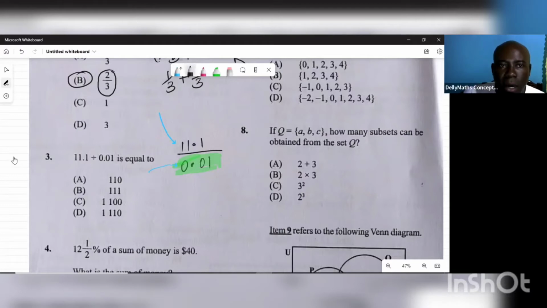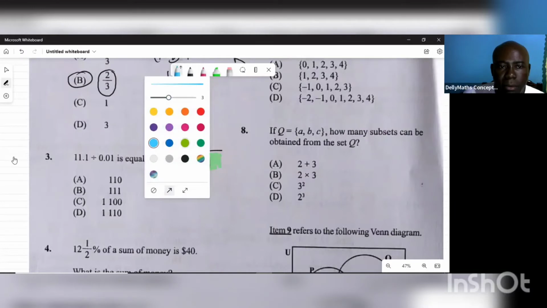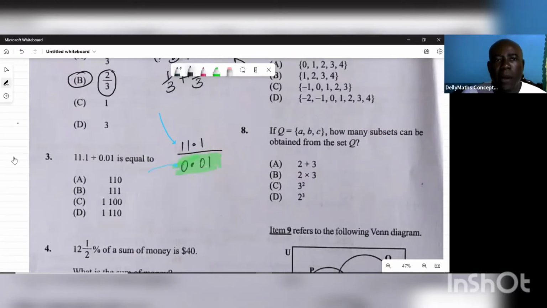Let me take out a brighter stick. I'll use this when I'm ready. All right, good. So you would notice now that if I'm going to change 0.01 into a whole number, the decimal point would have to move 2 places to the right.